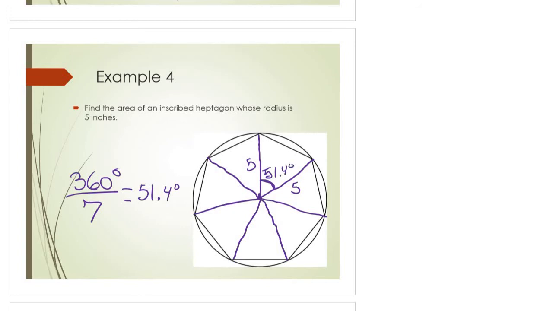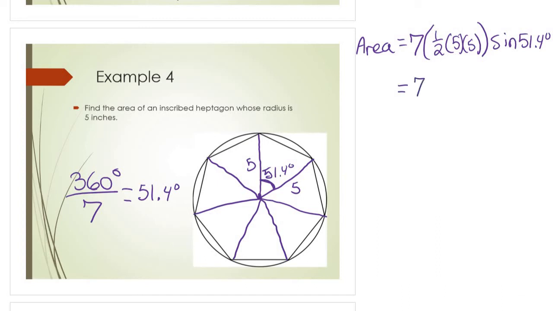So now I have 7 of those, so I can do our area formula. I have 7 triangles. 1/2 times 5 times 5 times the sine of 51.4 degrees. So I type that in and I get 7 times 9.77.